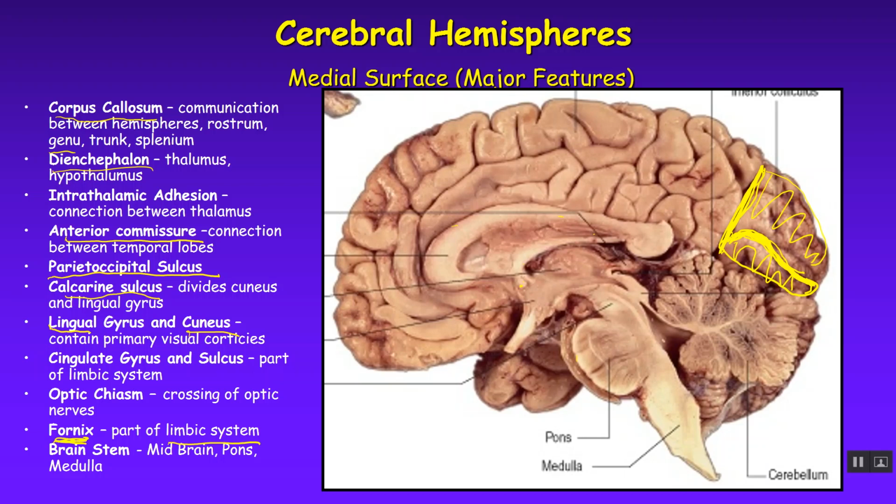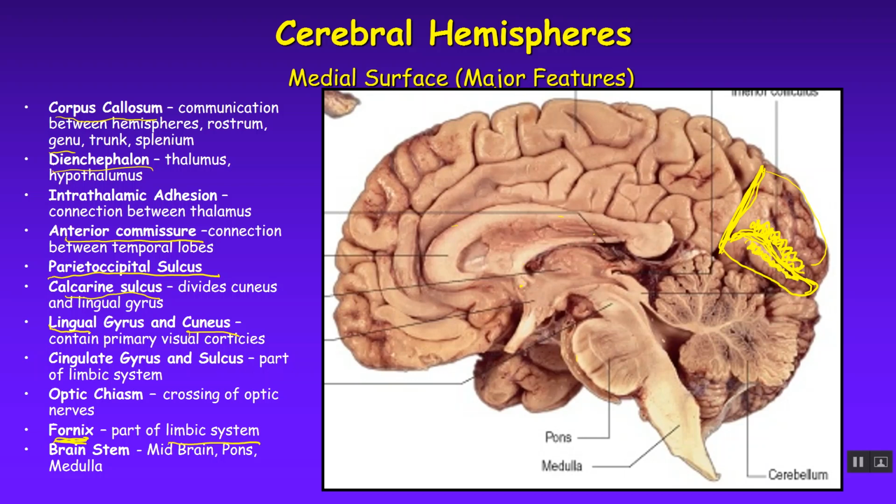I pointed this out because your primary visual area, where vision is first processed when it gets to your brain, is right here on the lips or the edges of that calcarine sulcus, in either the cuneus or the lingual gyrus.